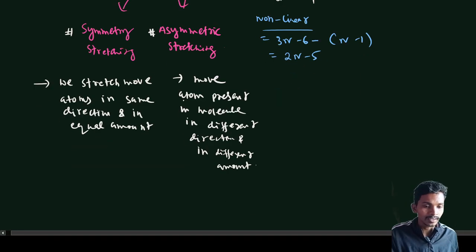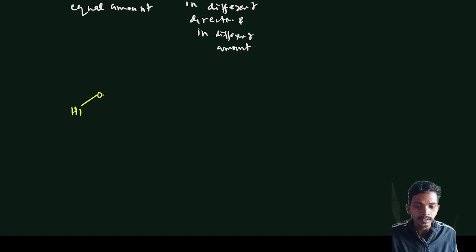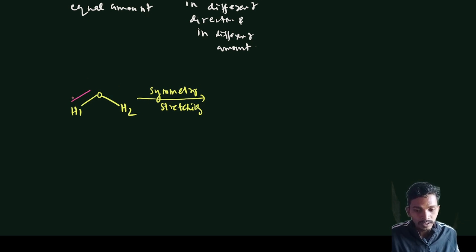Let's take examples. For symmetric stretching, let's take a molecule of water, with H1 and H2. I move H1 in this direction, and I also move H2 in the same direction with the same amount.